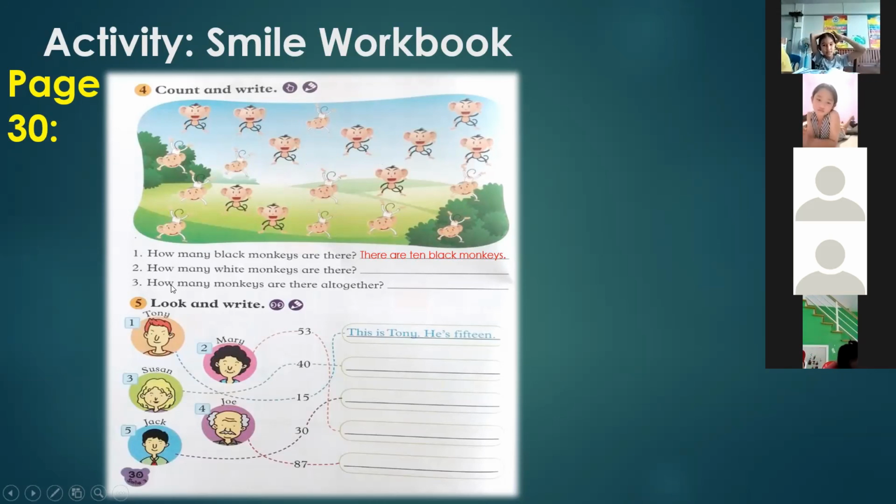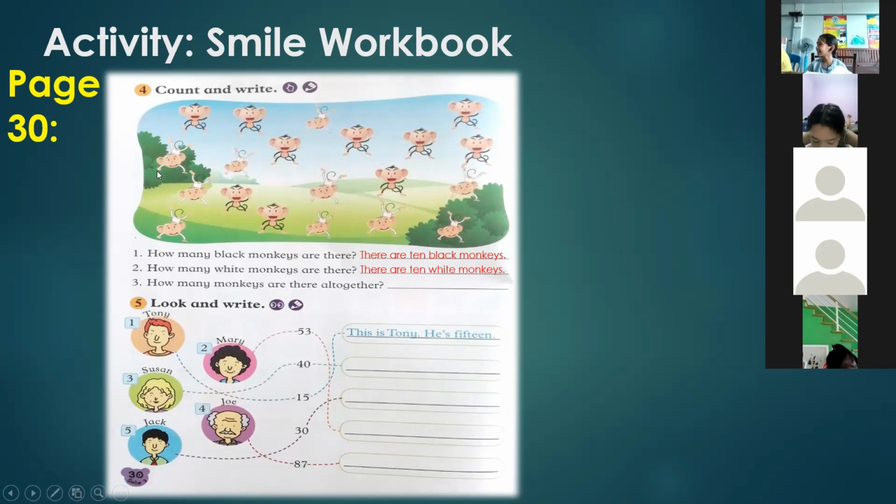Question number 2 is: how many white monkeys are there? 1, 2, 3, 4, 5, 6, 7, 8, 9, 10. So there are 10 white monkeys. And question number 3 is: how many monkeys are there all together?